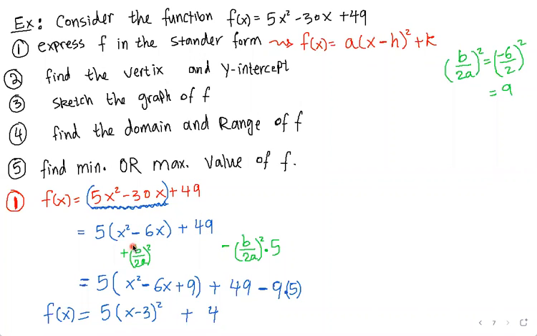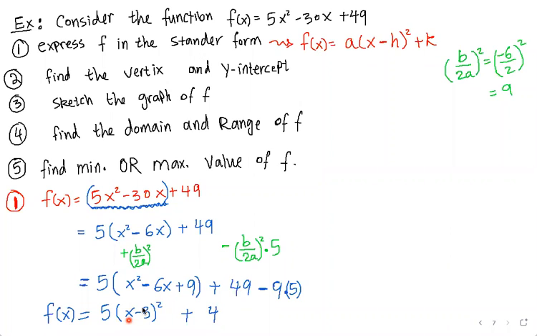Now I have to add inside the parentheses b over 2a squared, and outside the parentheses I have to subtract b over 2a squared times this number 5. After I check, this number is 9, so I get 5 times x squared minus 6x plus 9, plus 49 minus 9 times 5, and 9 times 5 is 45. So 49 minus 45 is 4.